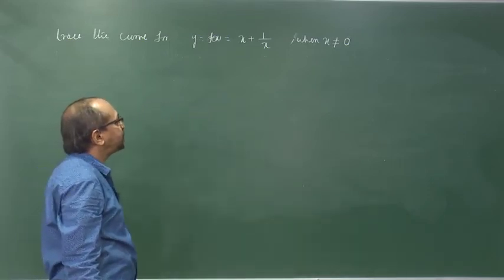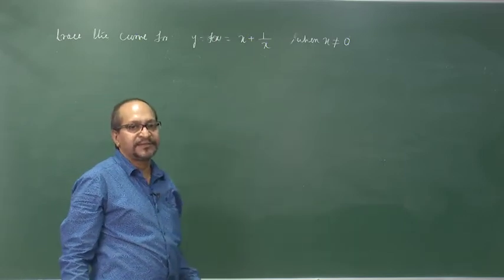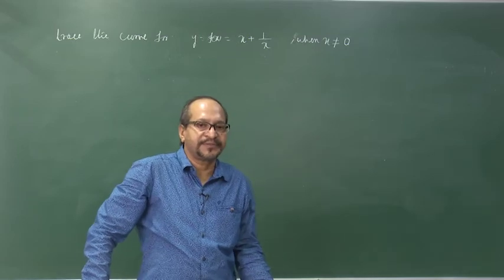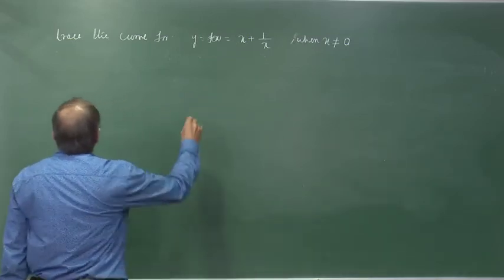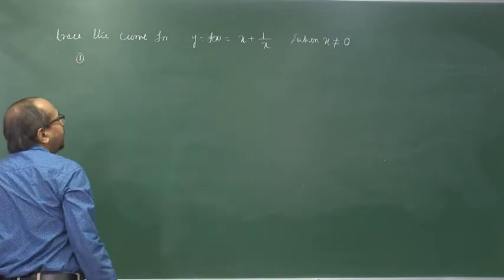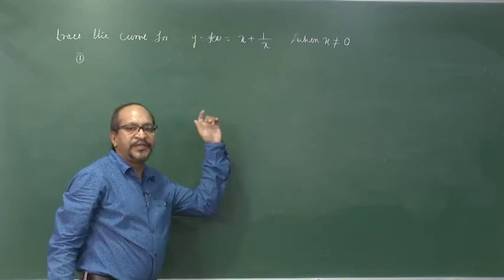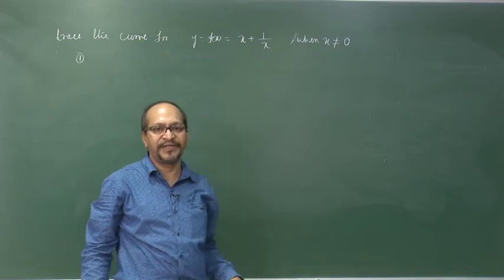Similarly, the range is of course the entire set of real numbers except the 0 point. Now, let us take the first derivative. Obviously, we do not have any intercepts, because if you put x equal to 0, the function is not defined at all.